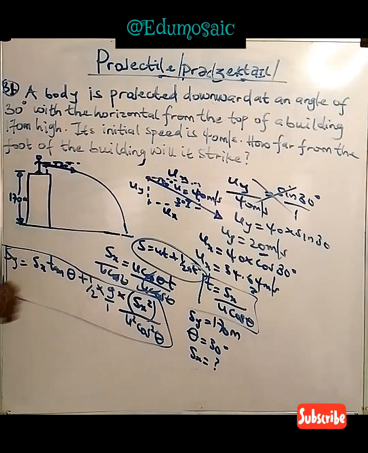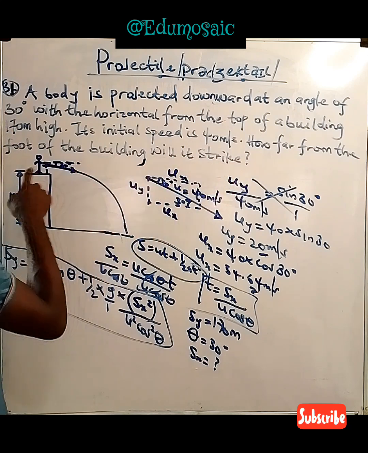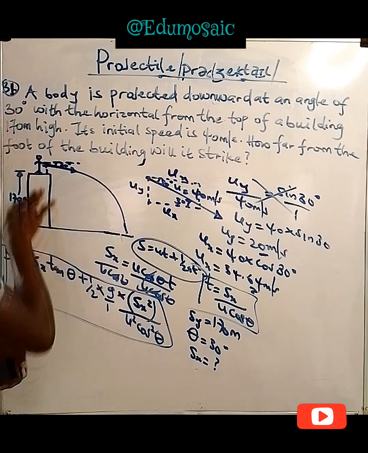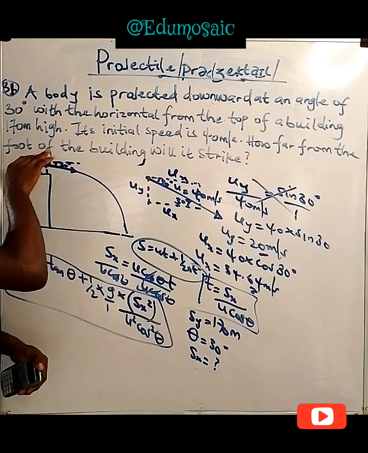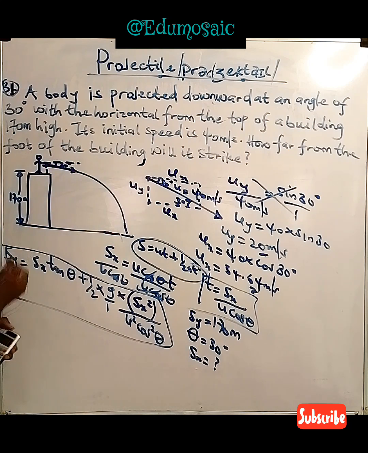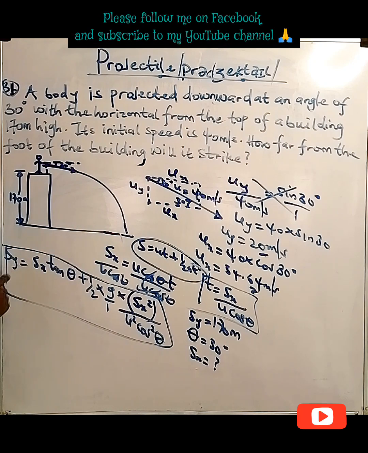We're asked to get how far from the foot of the building the object projected from the top will strike. So how far from the foot is it going to strike? It's very simple. We have the distance along the y-axis already stated, and the x distance is what we are looking for. The distance along the y-axis is 170 meters.